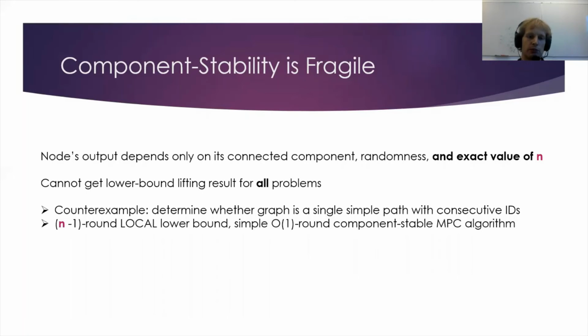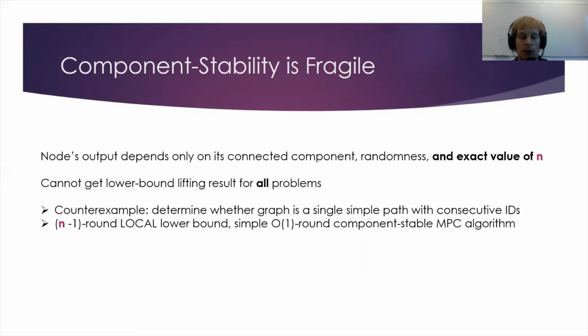So you trivially can't solve this problem in less than n-1 rounds of local. You can solve it in constant rounds of low space MPC, by basically just checking that everyone's degrees and the IDs of their neighbors agrees with them being part of a single simple path with consecutive IDs.